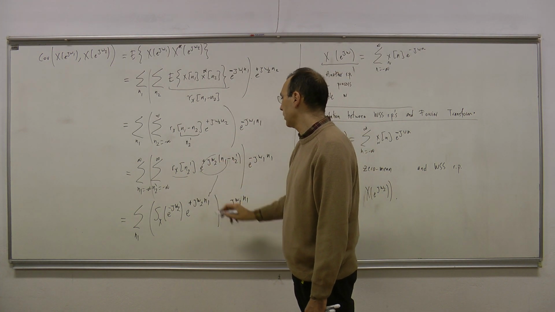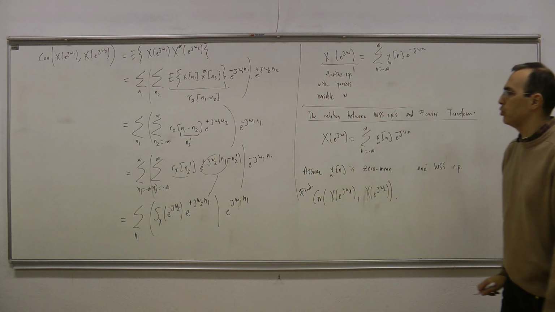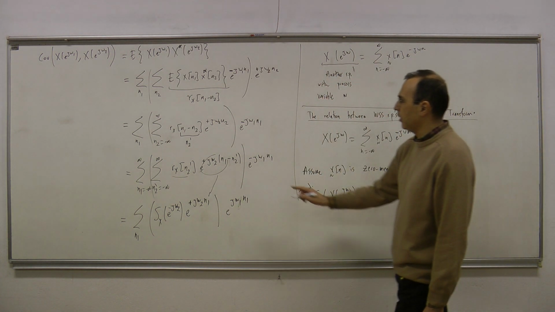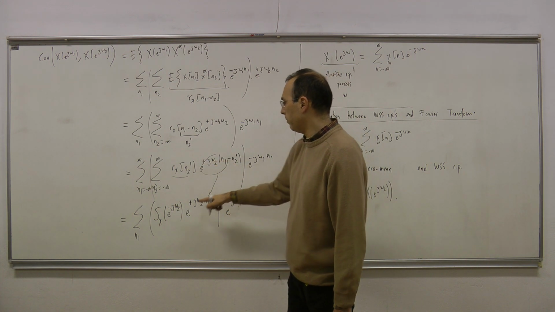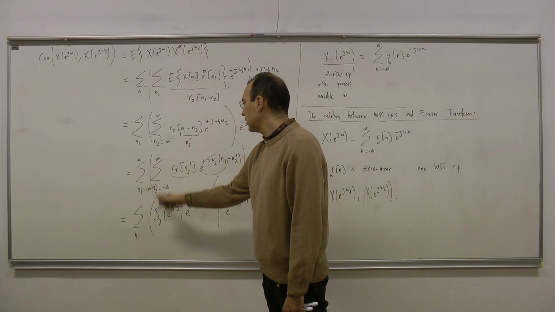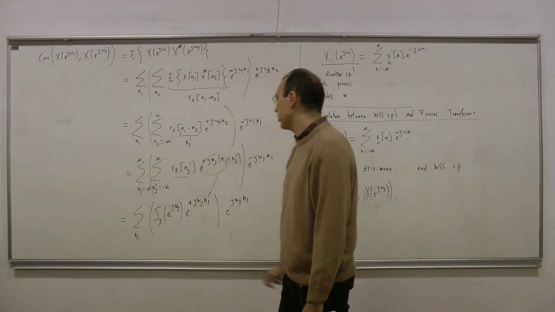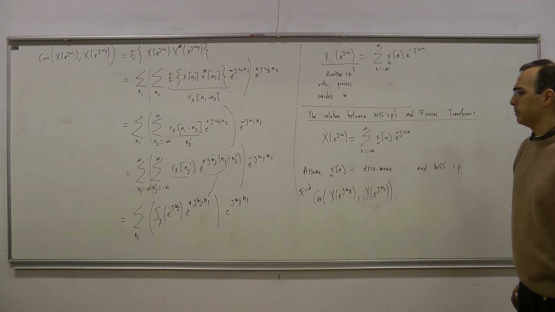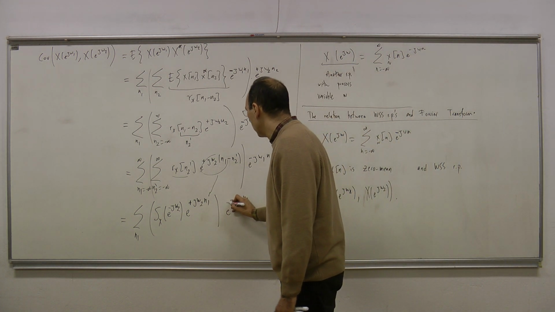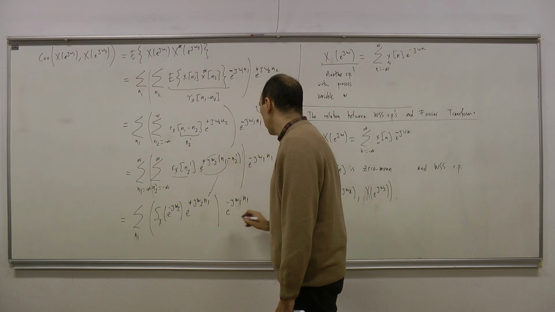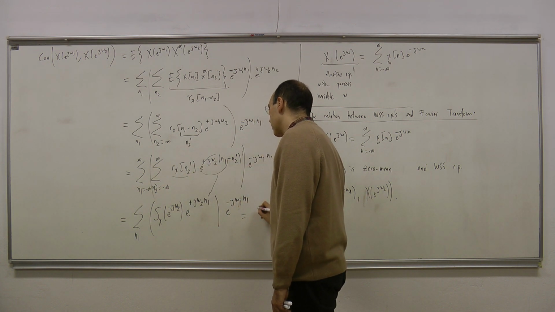Okay, this is this. E to the j omega 2 times n1. Then I am left with e to the minus j omega 2 times n2 prime. And this summation becomes a power spectral density definition, as you see. So this completes this bracket. And what I have is this.